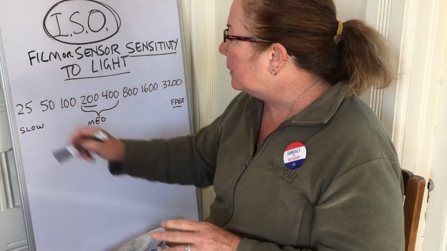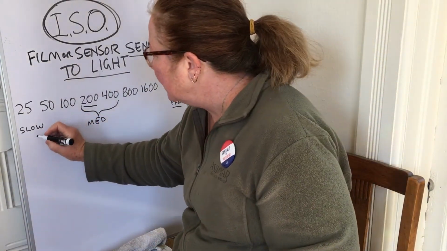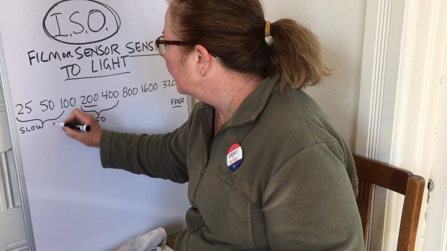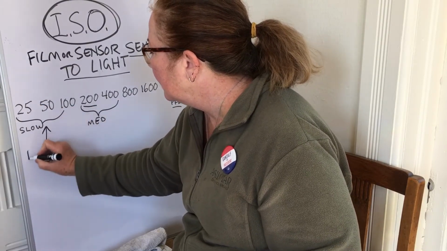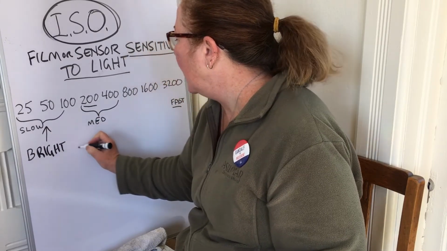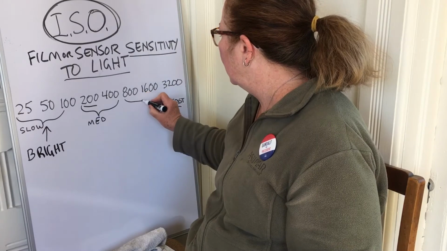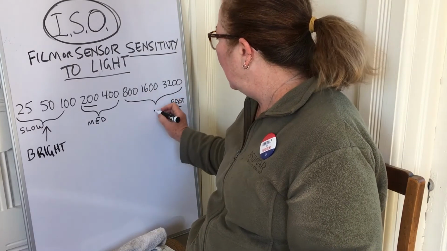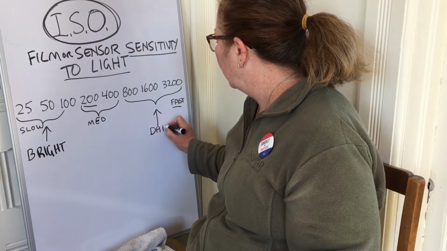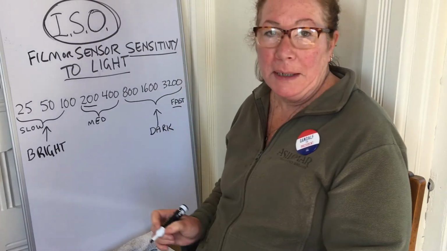So this would be considered slow film. This would be used in very bright lighting conditions, like super bright, okay? These would be used in very dark conditions, right? Like maybe nighttime.